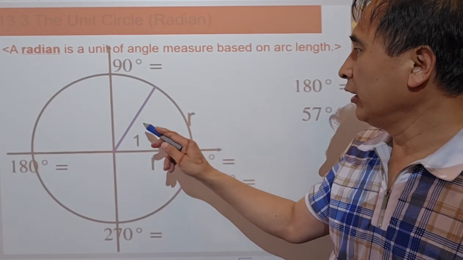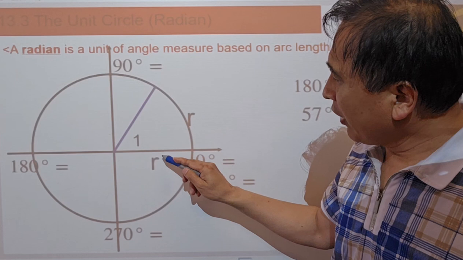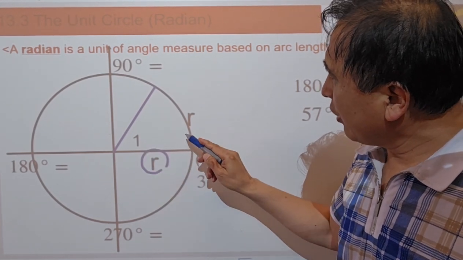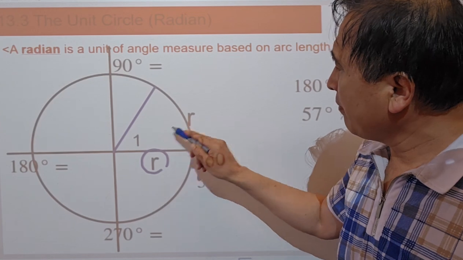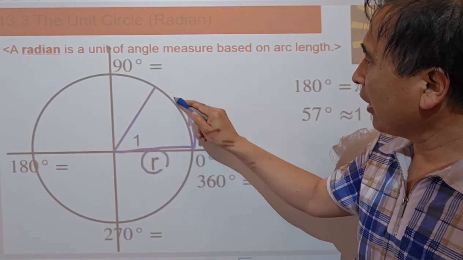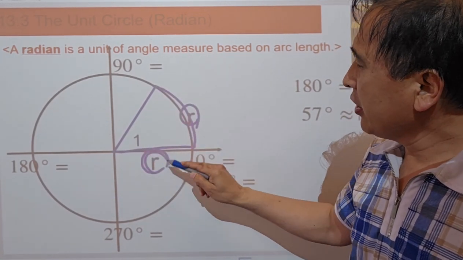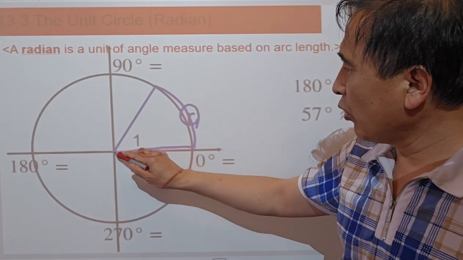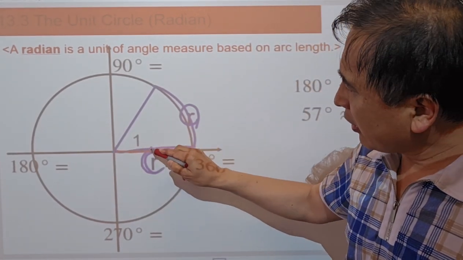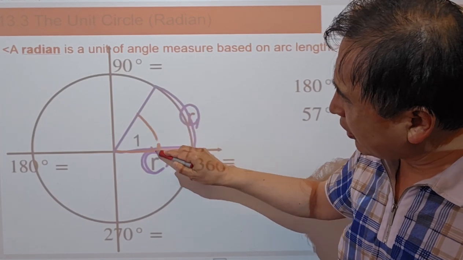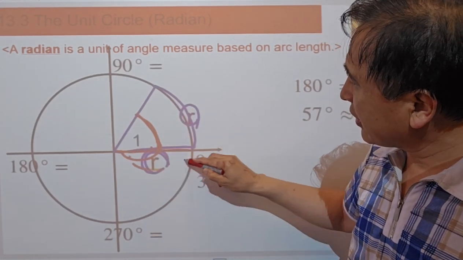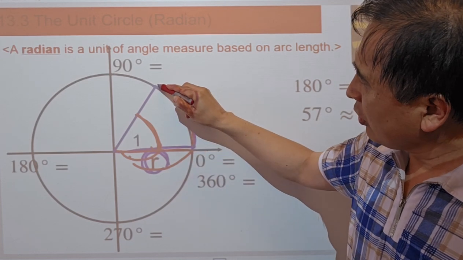If you draw a circle with radius r, you can find an arc length the same as the radius, and that angle will always be the same. What I'm saying is, if the radius is 1, then the arc length is 1, and if the radius is 2, then the arc length is 2.